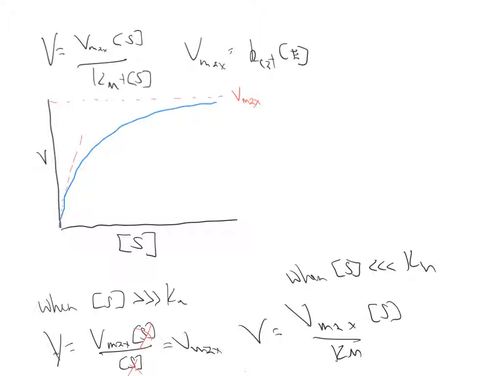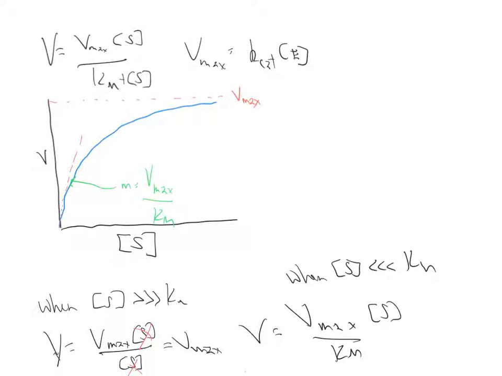Okay, the tangent as it goes towards 0, that's the slope there. So let me change colors. The slope of that line right there, so the m, would be equal to Vmax over Km. That's actually very important in a moment. Okay, and I'll explain the reason why that's important.